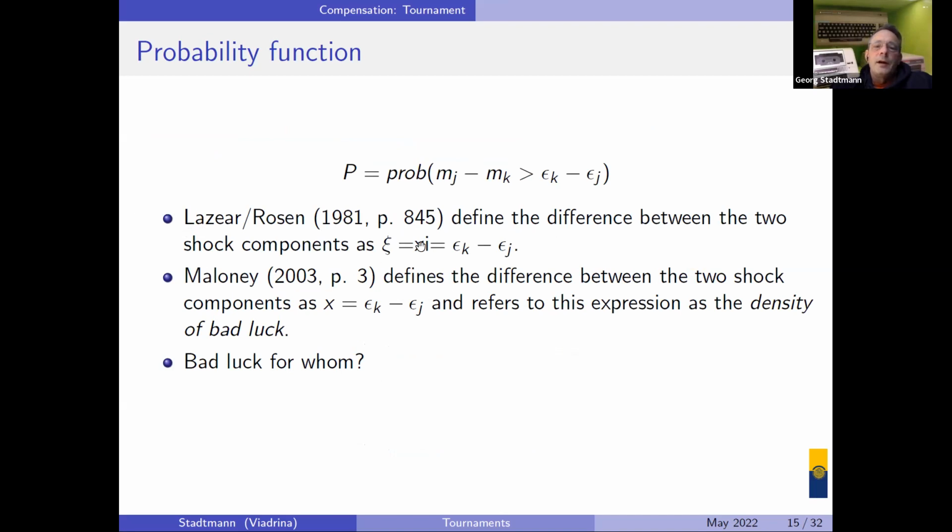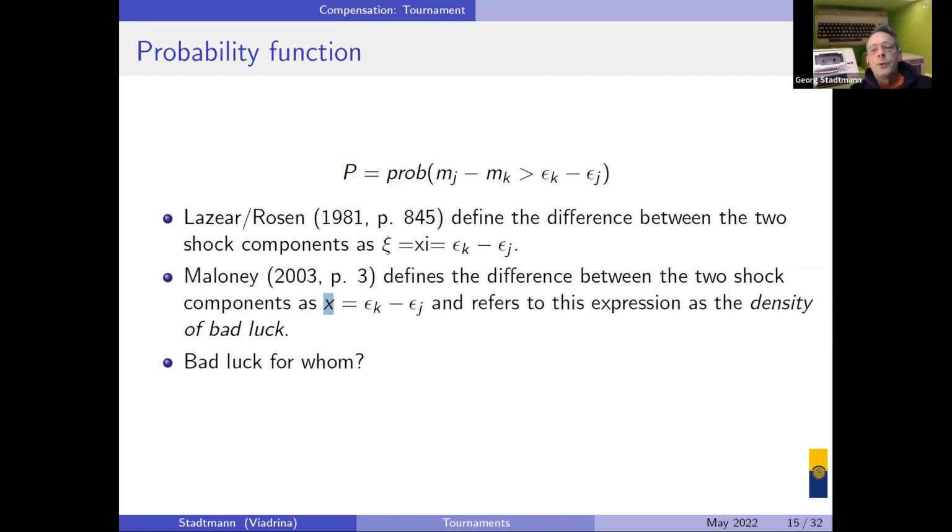Lazear and Rosen define the difference between the two shock components as Xi, epsilon K minus epsilon J. And Maloney, in one paper which I also uploaded, uses the variable X in order to define the difference between these two luck components.